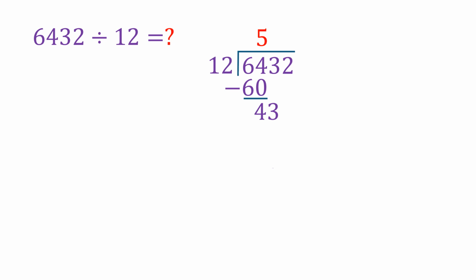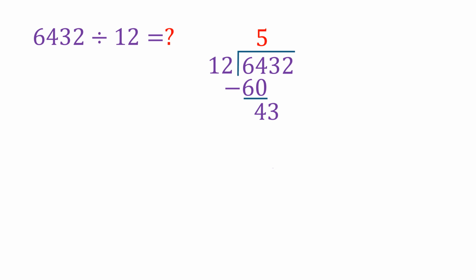For 43 divided by 12, we're going to find a number to multiply with 12, but the result should not be beyond 43, and it should be the closest to 43. If you have 12 times 2, that's 24. It's not beyond 43, but it's kind of far from 43.